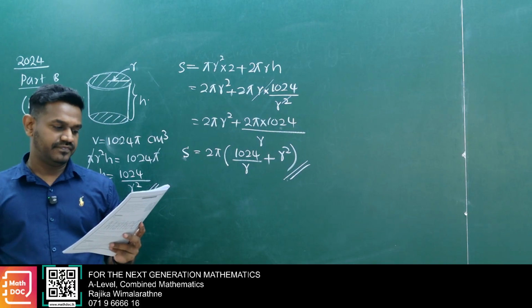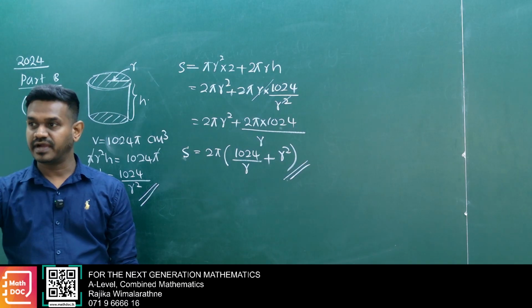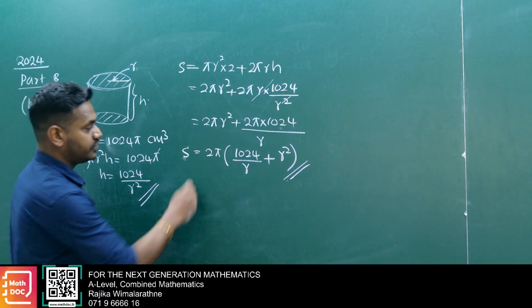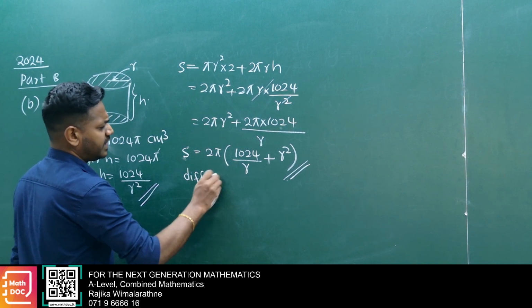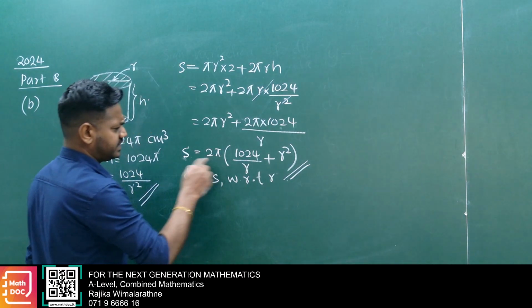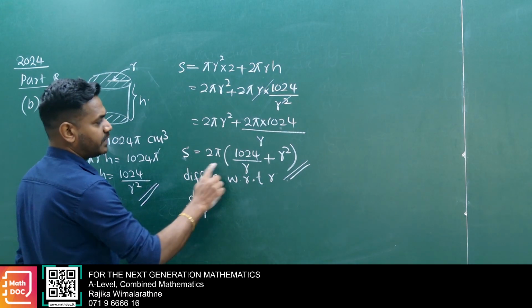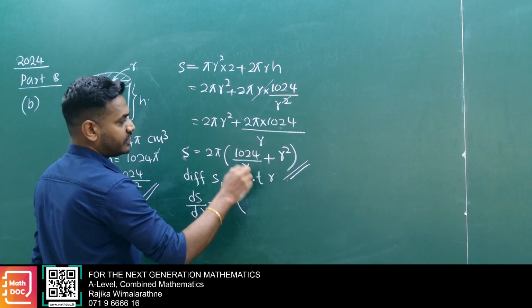Now thereafter, show that S is minimum when r equals 8. Then we have to find the minimum S value. Therefore, differentiate S with respect to r.